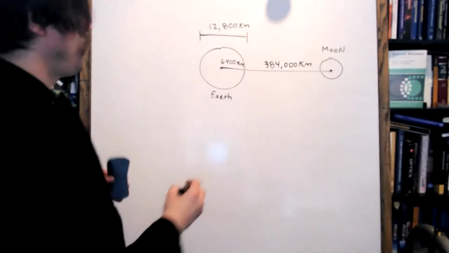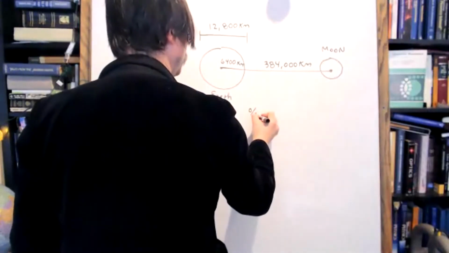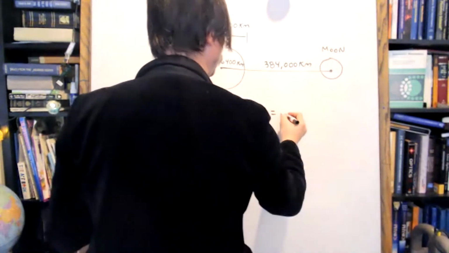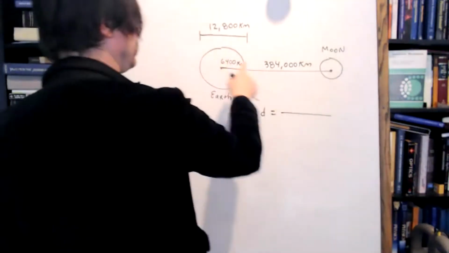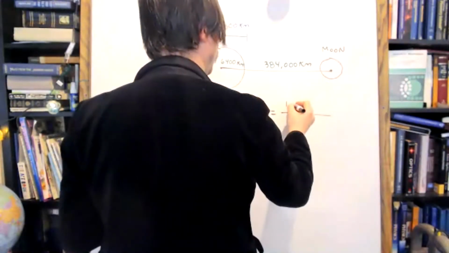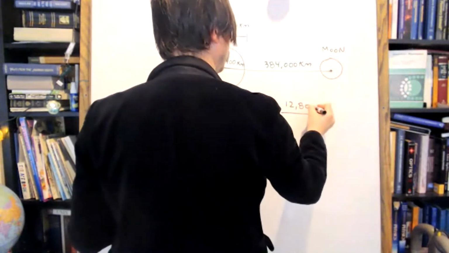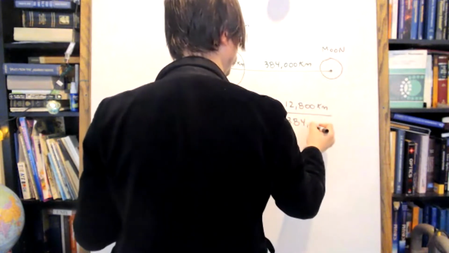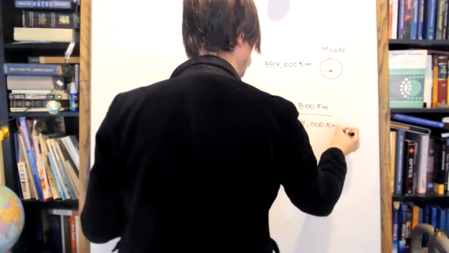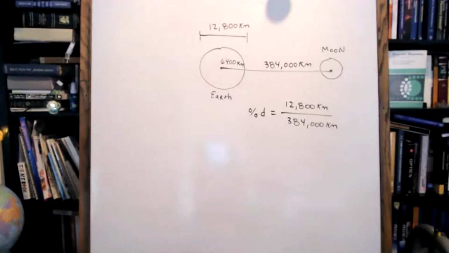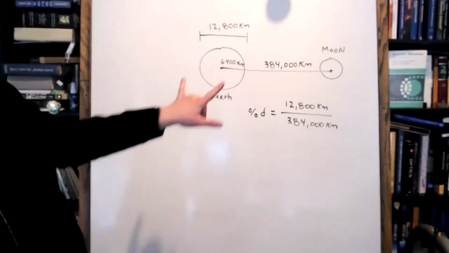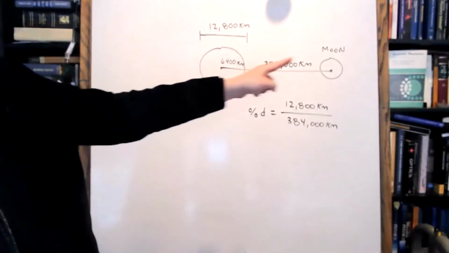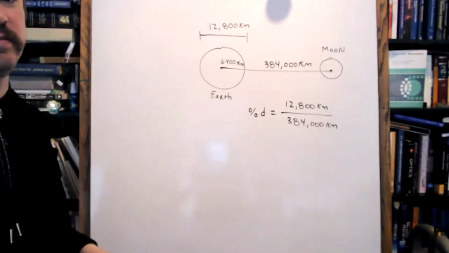Tell me, what percentage of the distance between Earth and the moon does the diameter of Earth comprise? If you consider the front of Earth versus the back of the Earth, what percentage is that of the distance between the Earth and the moon?